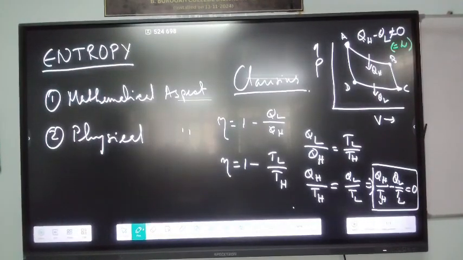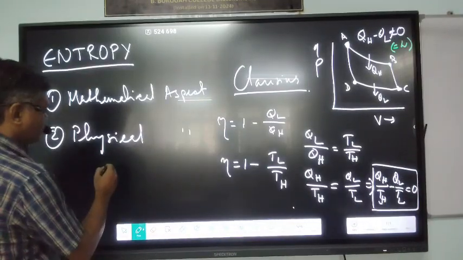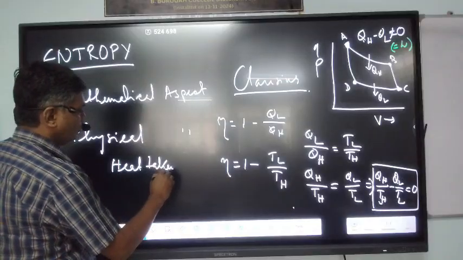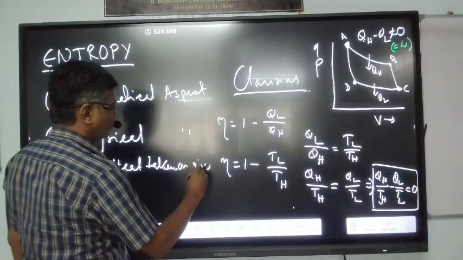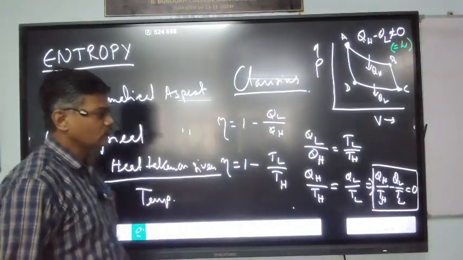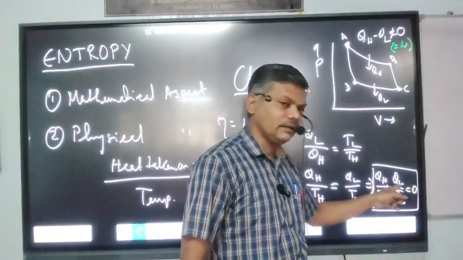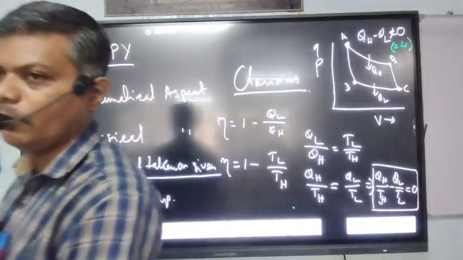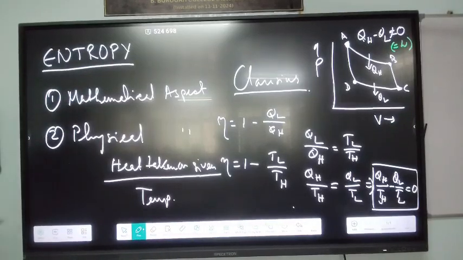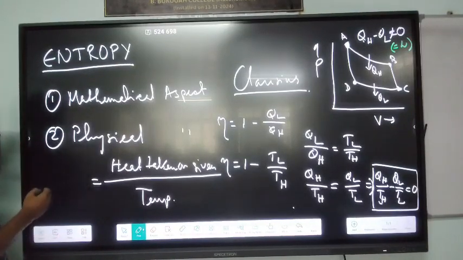Clausius found that ratio to be a state function, and he named this ratio, heat taken or given divided by the temperature. The heat can be taken or given, but you have to divide it by the temperature. That term is called entropy.